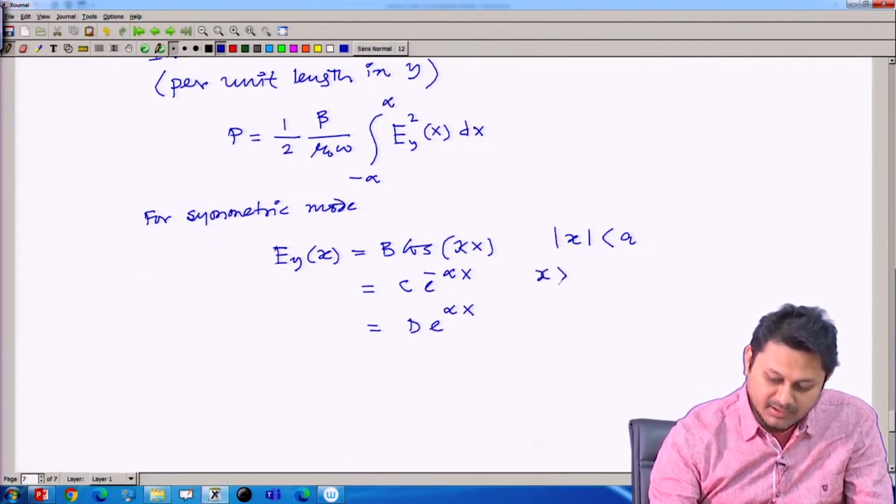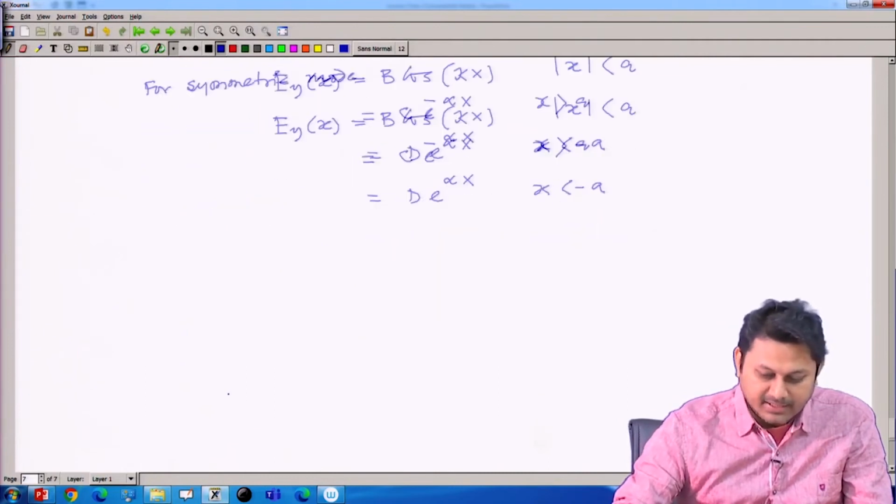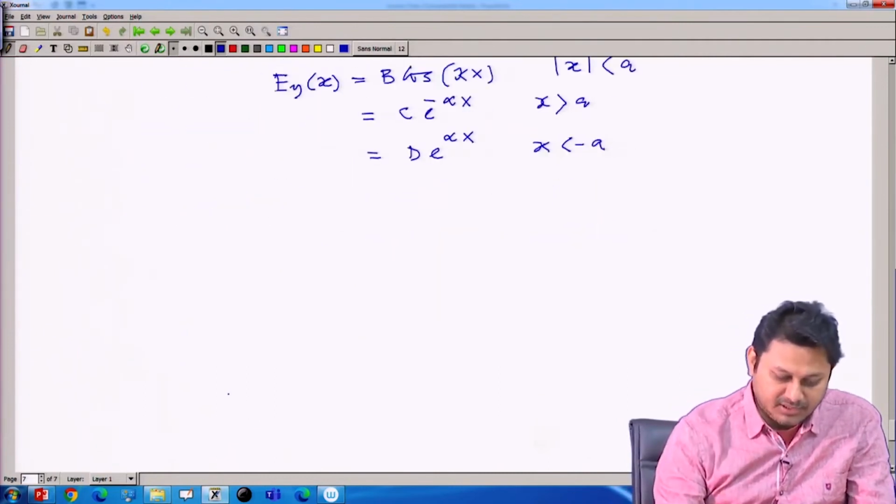So, when x is greater than A, and when x is less than minus A, these are the two regions where we expect an exponential decay. So, that was the field distribution.